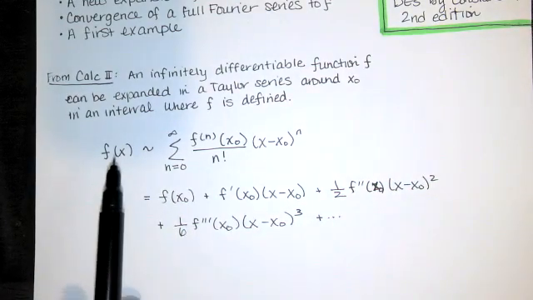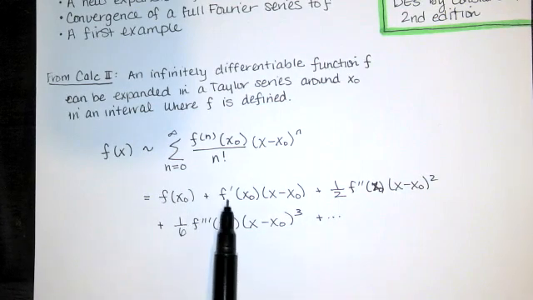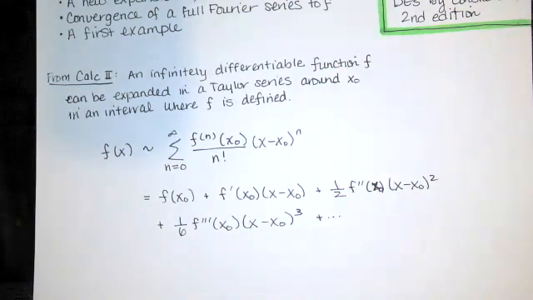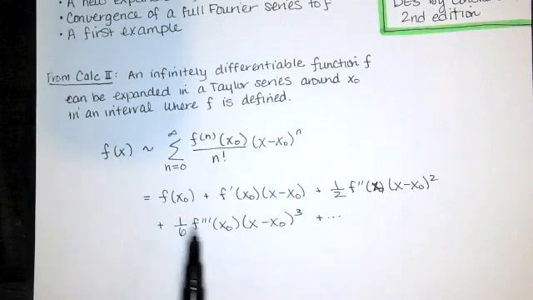Now, if we have the function f, you can compute f of x0, f prime of x0, f double prime of x0, and if you can find a pattern for that nth derivative, then evaluate it at the point x0. So provided all those derivatives exist, and that's why we need an infinitely differentiable function, all you have to do is substitute those values in.